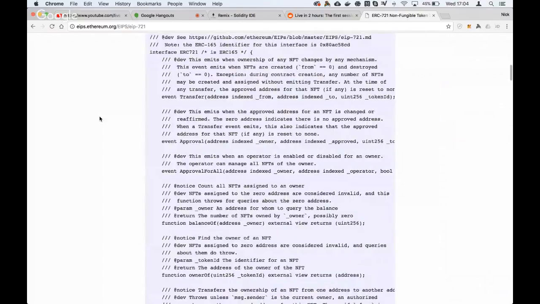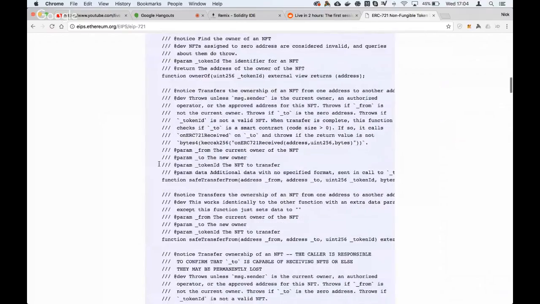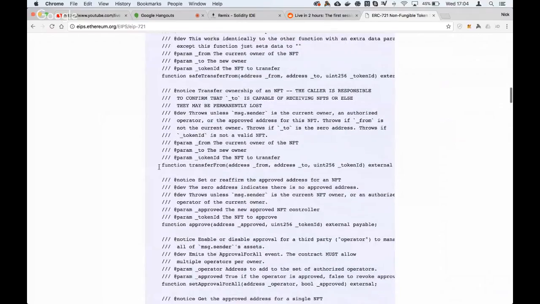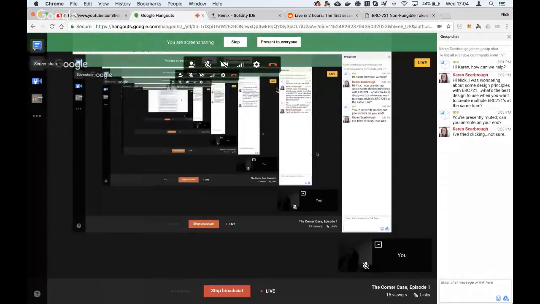On its own, it defines a reasonably simple interface, which includes ways to access the tokens, but does not intrinsically provide a way to issue tokens, which is up to the individual token creator.